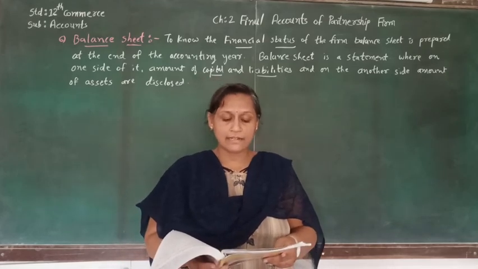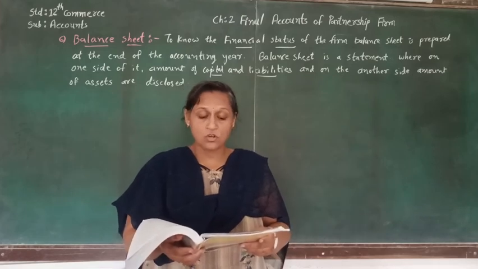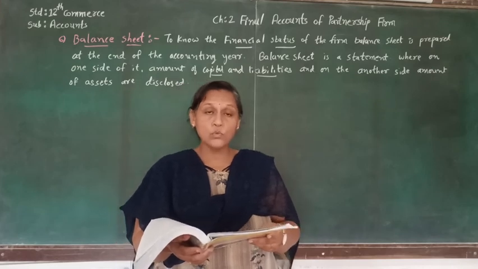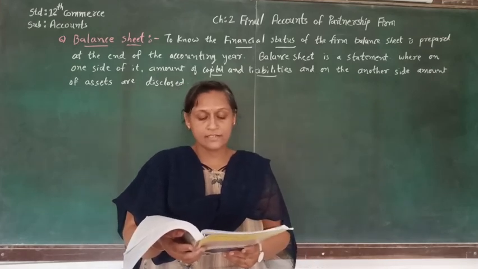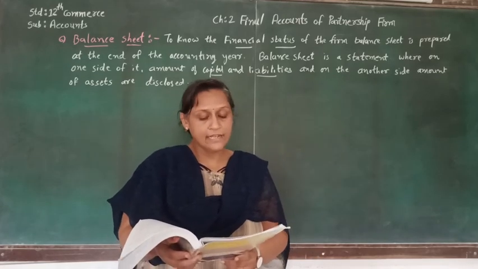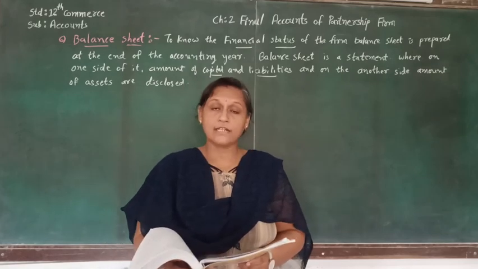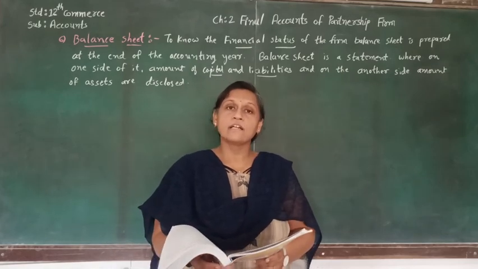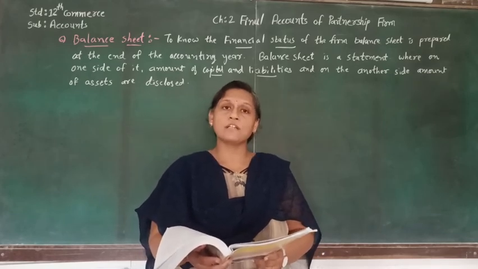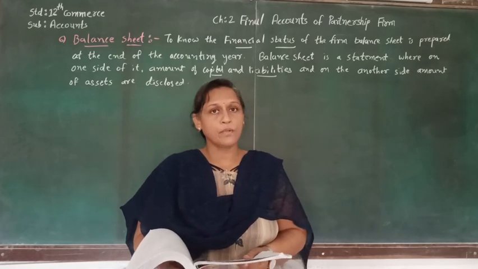Then afterward, next is current assets, and in current assets there are closing stock, sundry debtors, cash balance, bank balance, income dues, loans, bills receivable, prepaid expenses, etc. And then there is the deferred revenue expenditure, and after that, lastly we write the current account balance. If there is a debit balance of any partner, that is supposed to be written on the asset side of the balance sheet. So this is how we have to prepare the balance sheet.